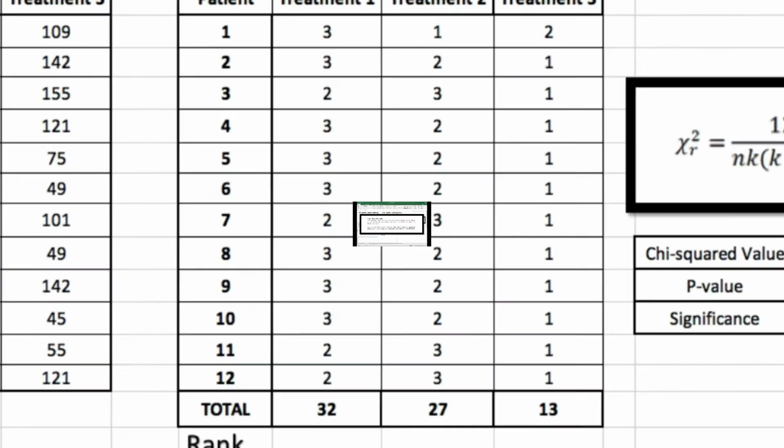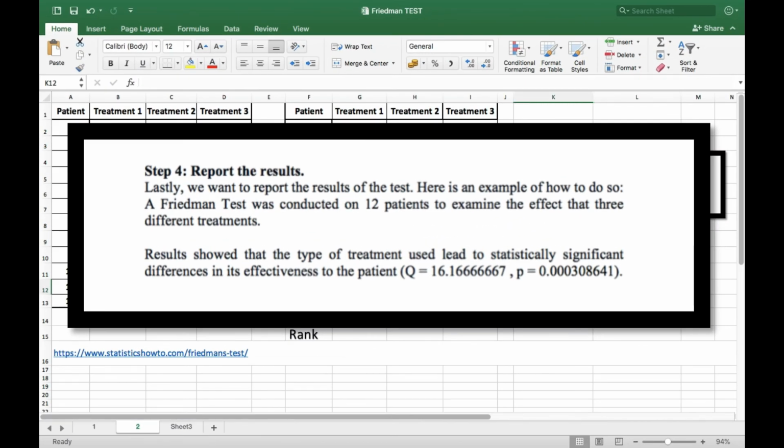And for the last step, step 4, report the results. Lastly, we want to report the results of the test. Here is an example of how to do so. A Friedman test was conducted on 12 patients to examine the effect of 3 different treatments.